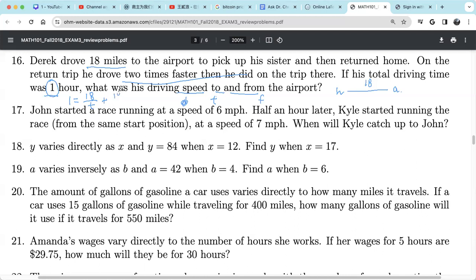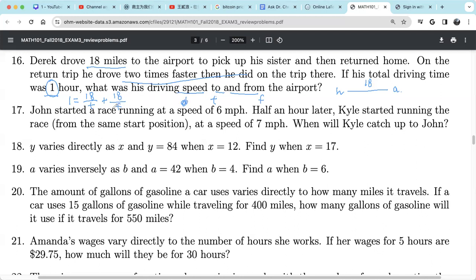Also 18, the distance doesn't change, divided by the speed of his coming from the airport to home, which we call F. Right, so we have made the equation. The total time is 1 hour. 18 divided by T is the time he spent to the airport. 18 divided by F is the time he spent from the airport to home.